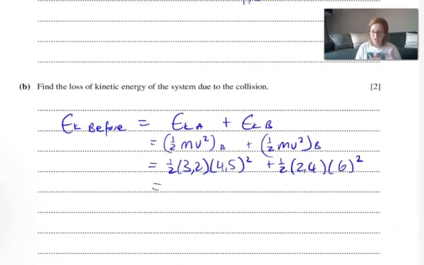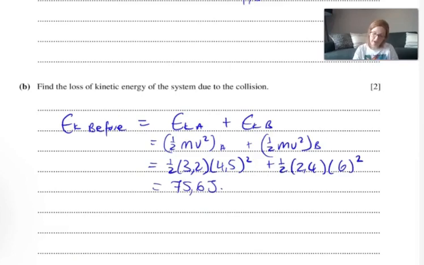Okay, what you need to also know is energy is not a vector, so we can just look at magnitudes. We don't need to look at direction for this one. Okay, and I am getting here energy of 75.6 joules.